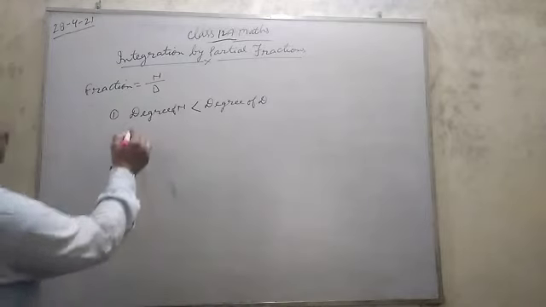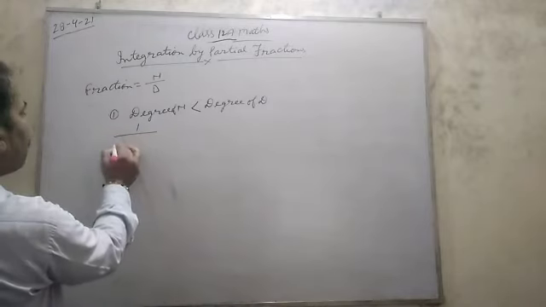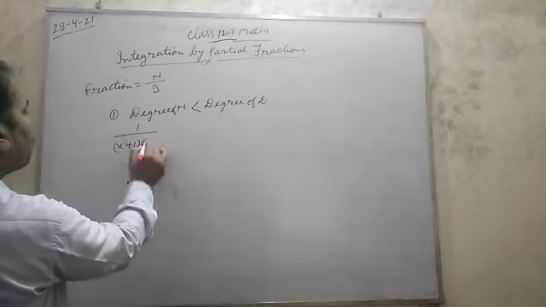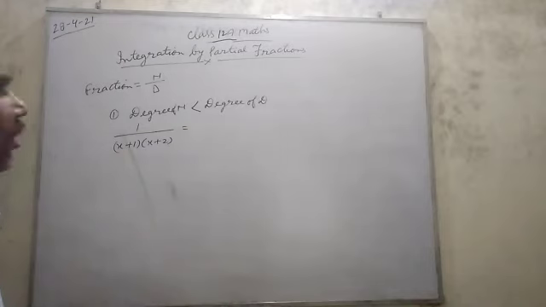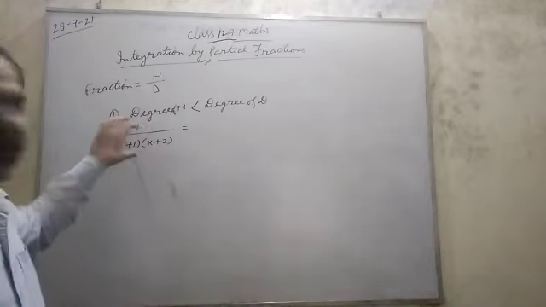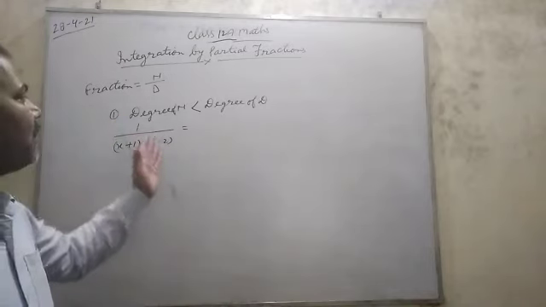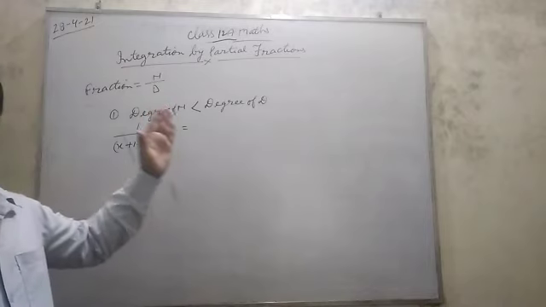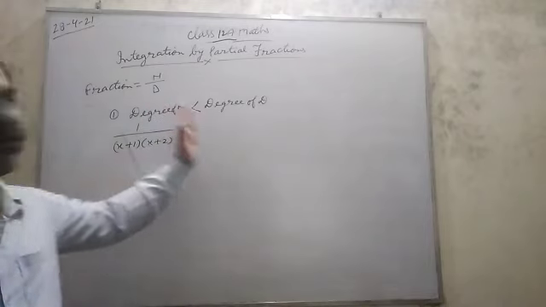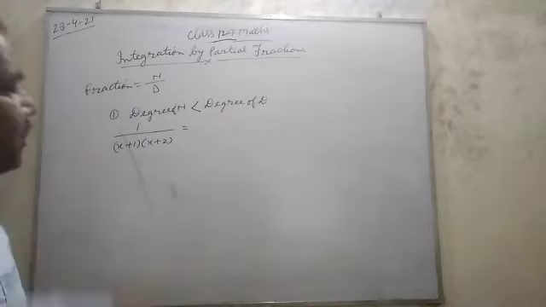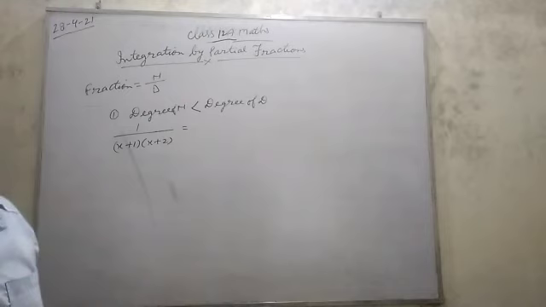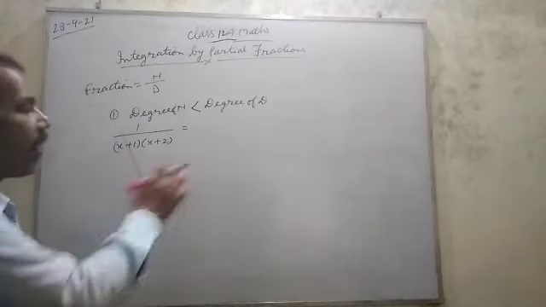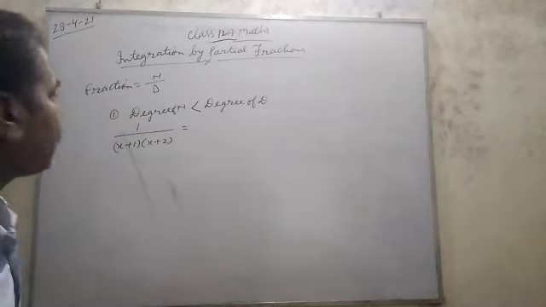One example you see like this: 1 upon (x plus 1)(x plus 2). Here, the rational function we will convert into two functions, that is, represent it in the form of two functions by addition or subtraction. So how to convert it into that form?